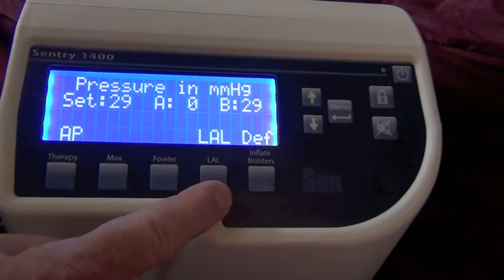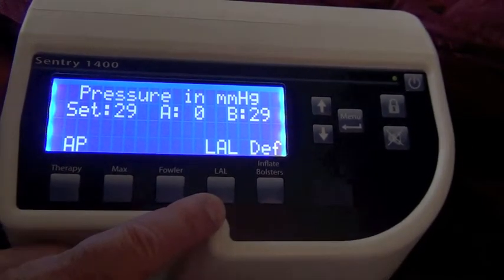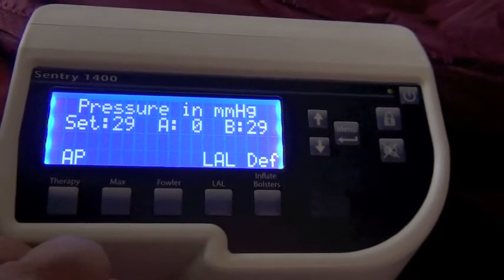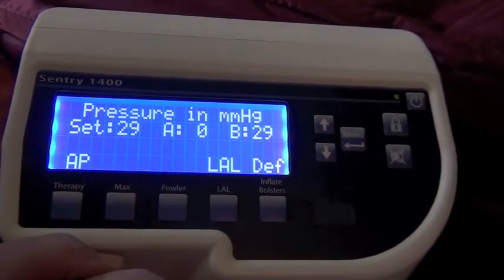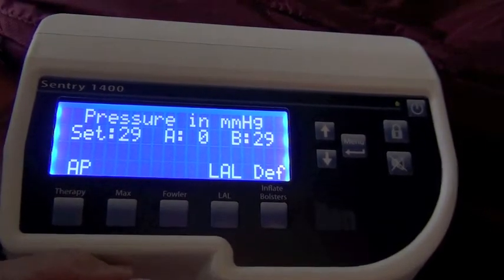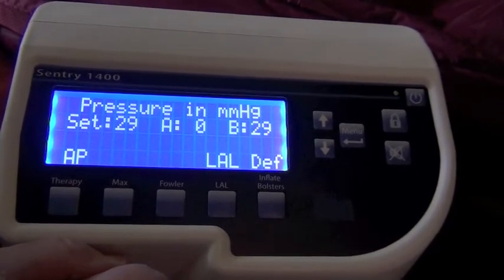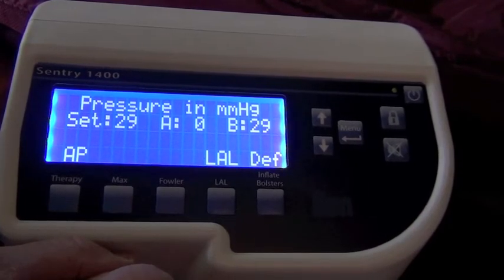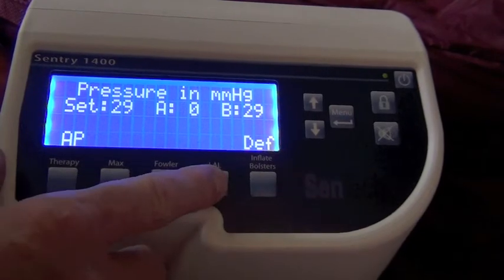Low air loss therapy, again, if you go back to your Braden and moisture is an issue, you definitely want to consider using the low air loss feature on the ST1400. What it does is it very aggressively evaporates moisture coming through the patient's skin. And I'm going to show you in a moment some characteristics of the material that will help to show you that feature a little better. Anyway, low air loss can be, again, turned on and turned off at your discretion.